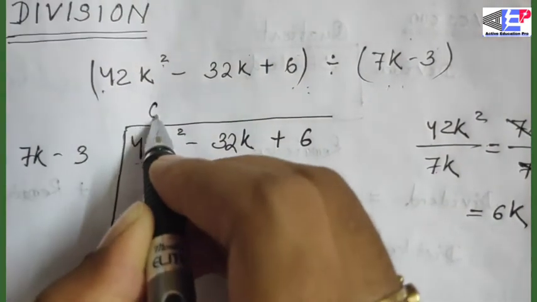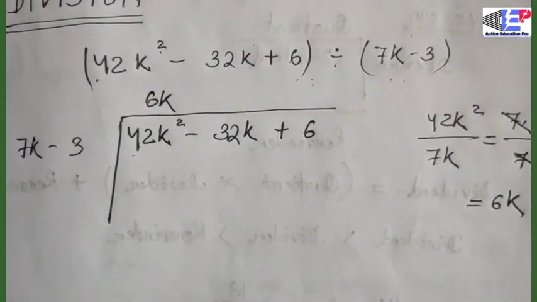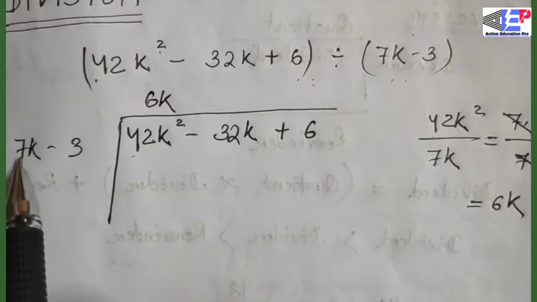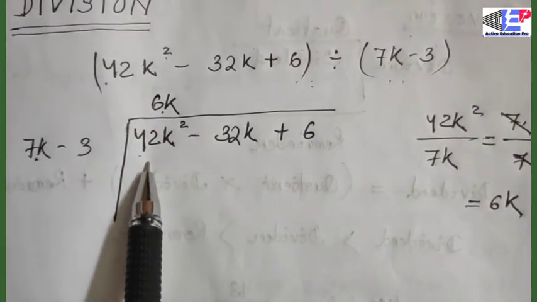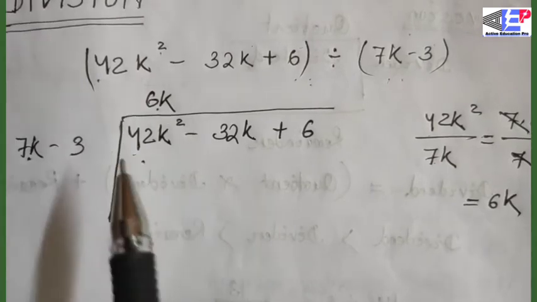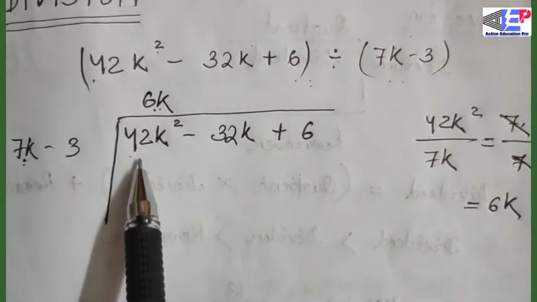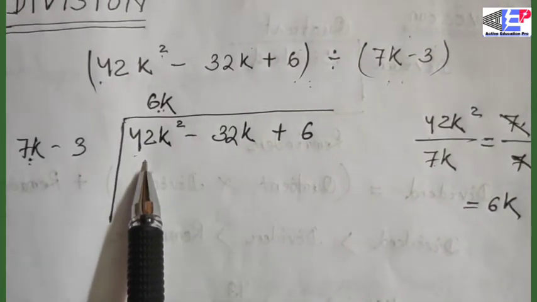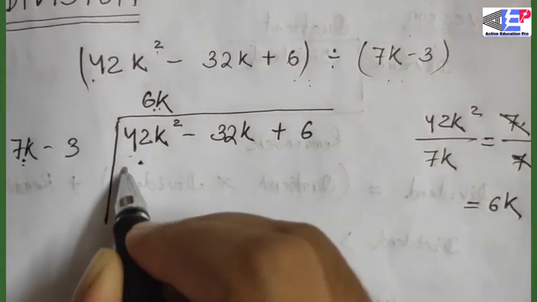Then write the division answer. If you multiply 7k and 6k, then your multiplication result will be 42k square. 7k into 6k is equal to 42k square.